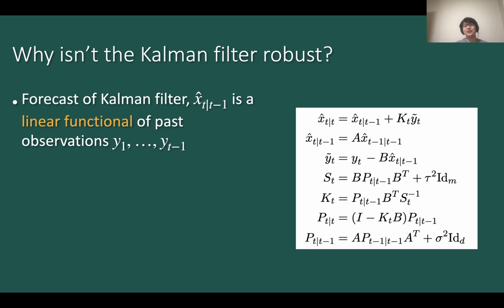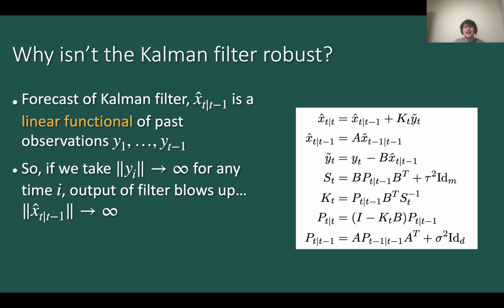All you need to observe from these equations is that the forecast, the output of the Kalman filter, which is x hat t given t minus 1 in my notation, is basically a linear combination of the past observations y_1 through y_{t-1}. It makes sense because it's the optimal estimator for a problem where everything is Gaussian. And if you have a little bit of experience with Gaussians, you know that the optimal everything in Gaussian space is going to be a linear function.